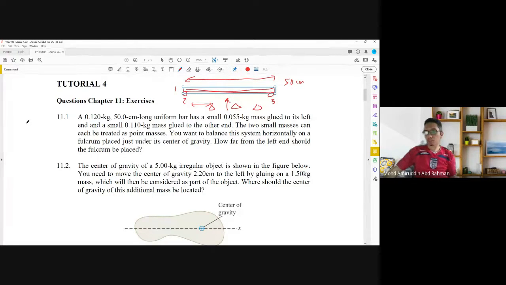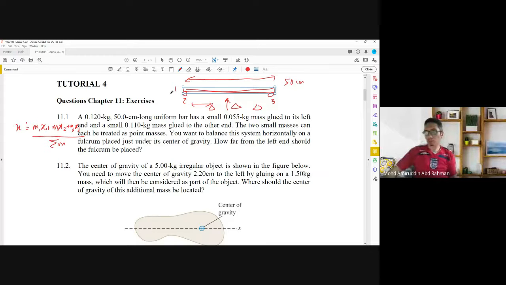So your x will be m1 x1 plus m2 x2 plus m3 x3, over the total mass, m1 plus m2 plus m3.